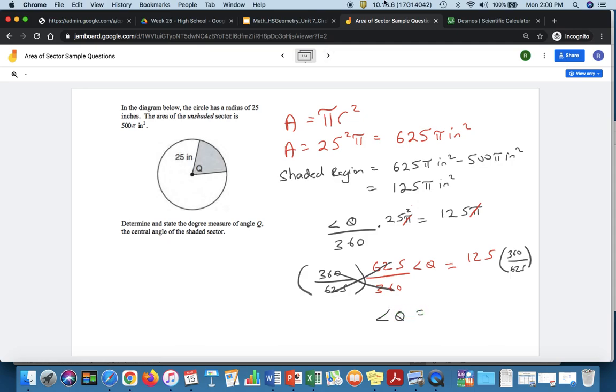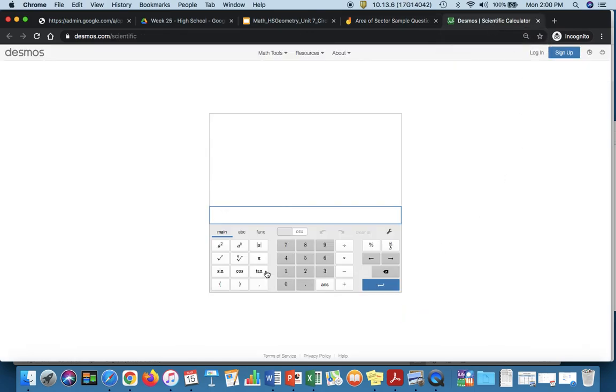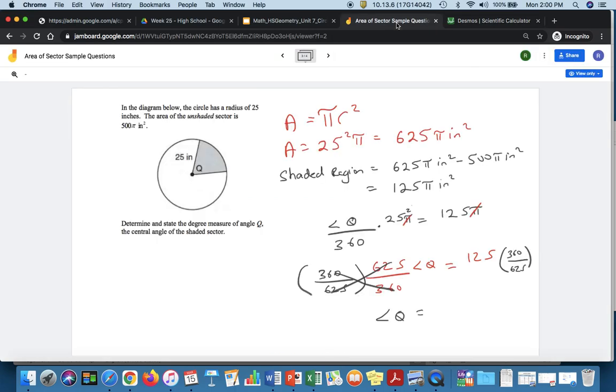And let's see how our Desmos Scientific Calculator does. So I have 125, and I'm multiplying that by 360 divided by 625. And that gives me my answer, 72 degrees. So this is going to equal 72 degrees.